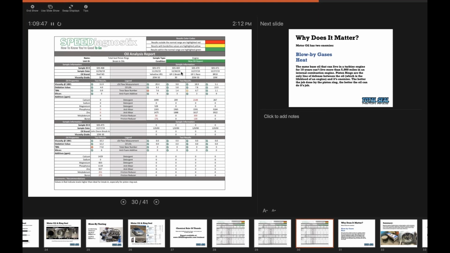So you can see that the calcium level of the GP1 break-in oil is 209, no sodium, no magnesium. But the race oil is 2100, so it's 10 times more. Well, because during that initial break-in, everything's clean. You're not going to run it for super long time, so you don't need a high level of detergent.